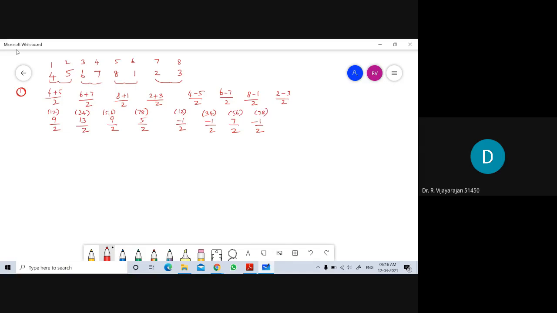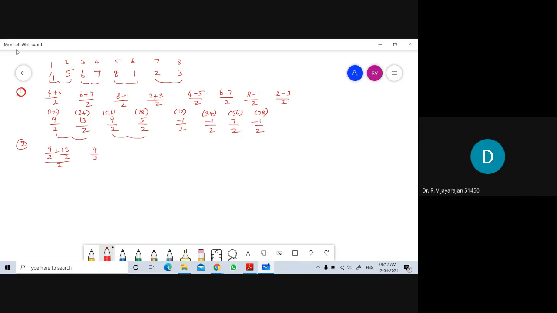So the first level is over, then we can go to the second level. In the second level, we need to work only on the approximate coefficients. That's the decomposition we do. We work only on the low pass coefficients. So we need to combine these two and these two. So it is going to be 9 by 2 plus 13 by 2 divided by 2.